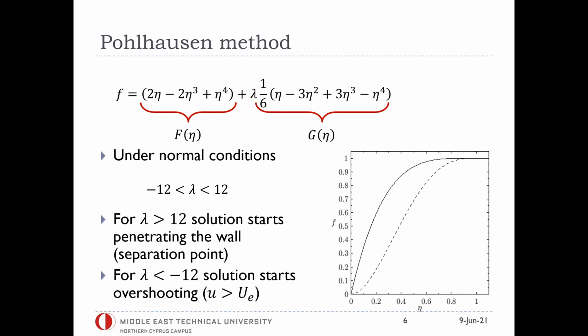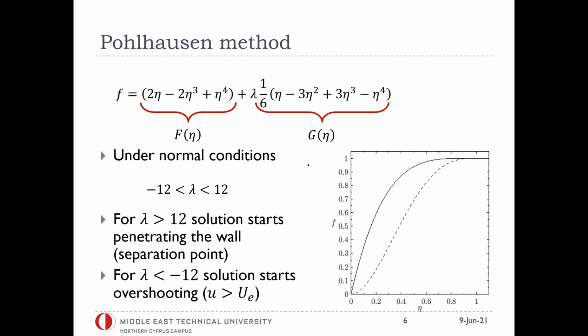So if we investigate this lambda a little bit here, it says that under normal conditions, we can obtain a solution if lambda value is between minus 12 and 12. And the reason is explained in the next slide.